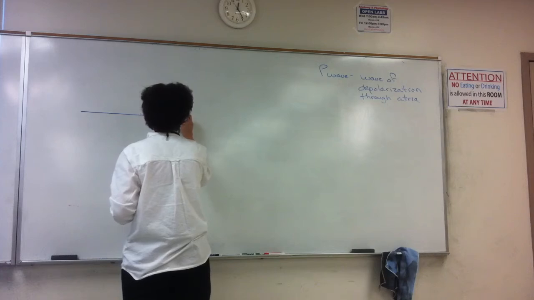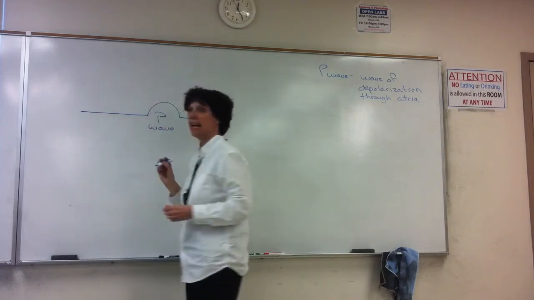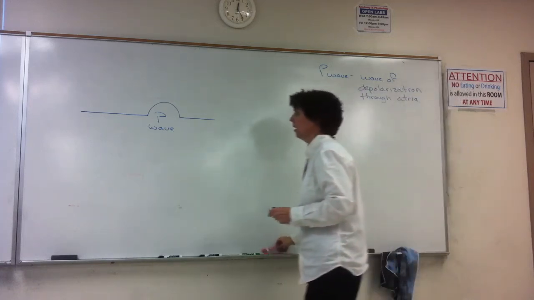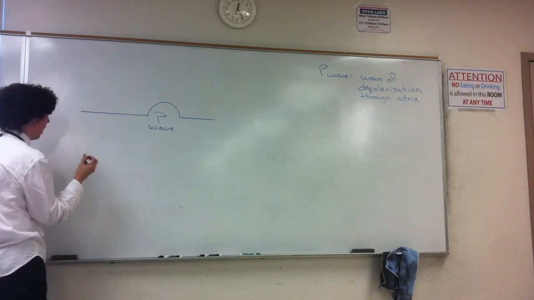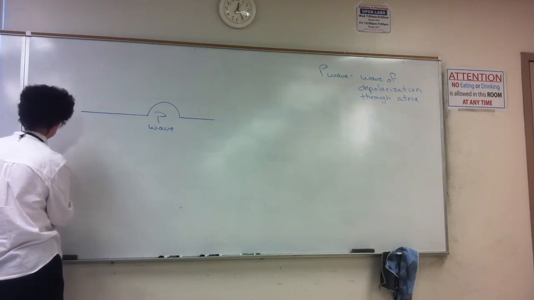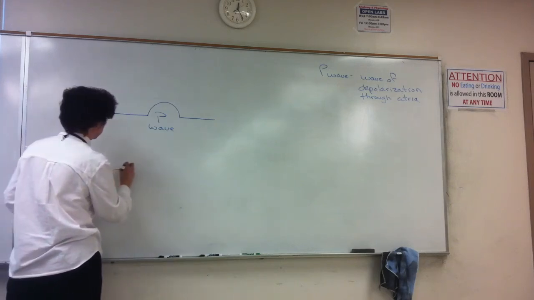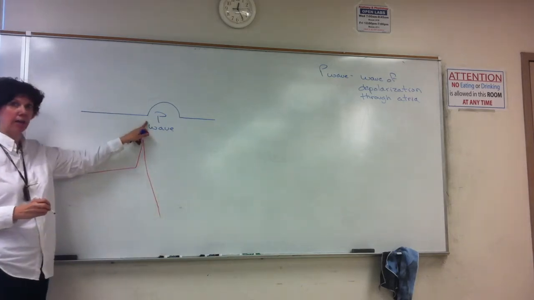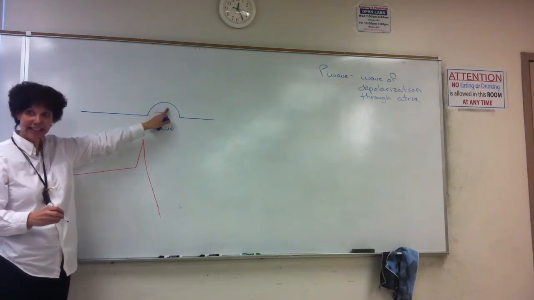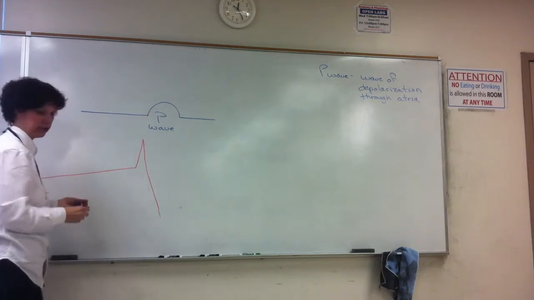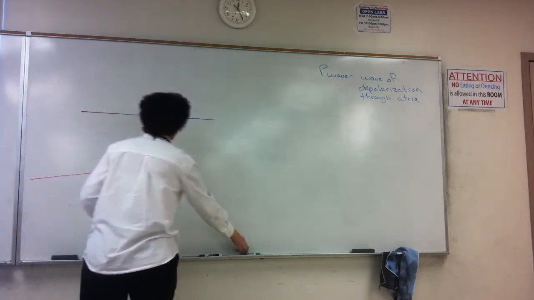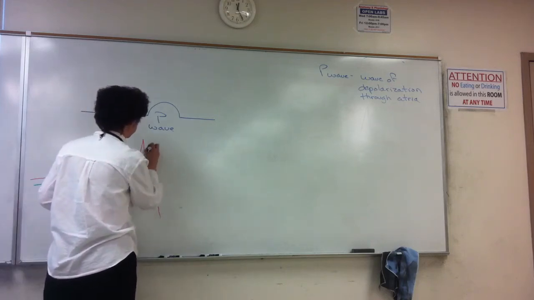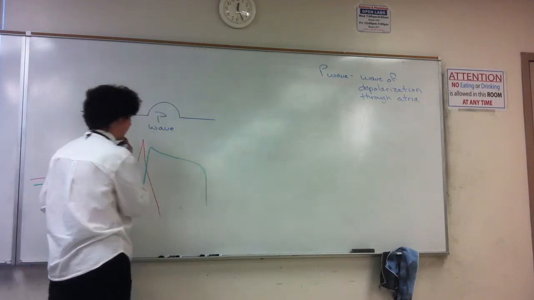Then we see a flat line again. If we were to look at the autorhythmic cells, this would be what occurred at the autorhythmic cells, resulting in the contractile cells in the atria doing this.